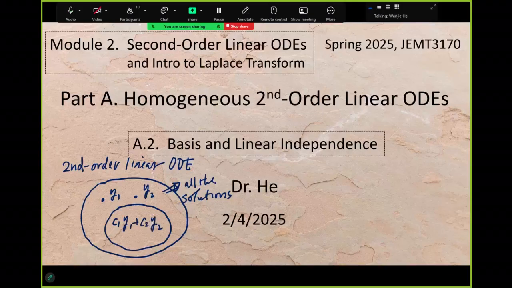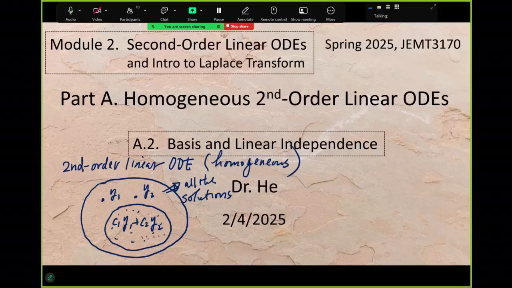We know all the points inside the small circle are solutions of the original equation. Let's assume homogeneous, because this linear combination only works for homogeneous, right?